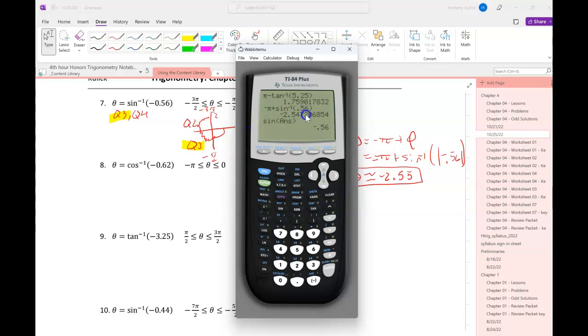And then I need to check to see if negative 255 is in between negative 3 pi over 2 and negative pi over 2. So it has to be bigger than that one: negative 255 is bigger than negative 471.